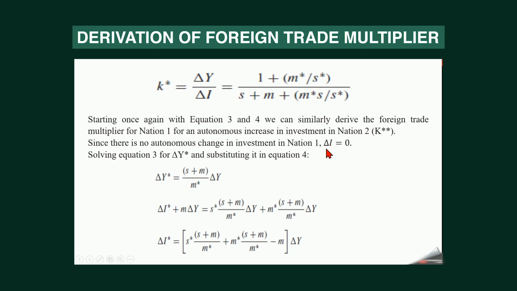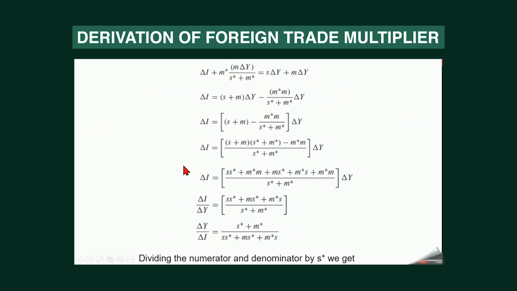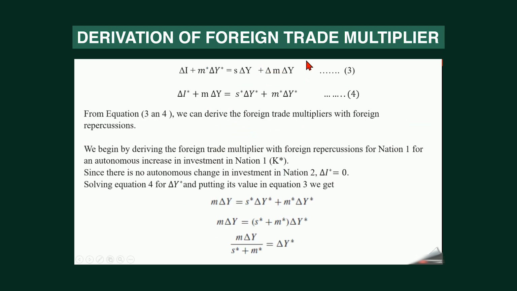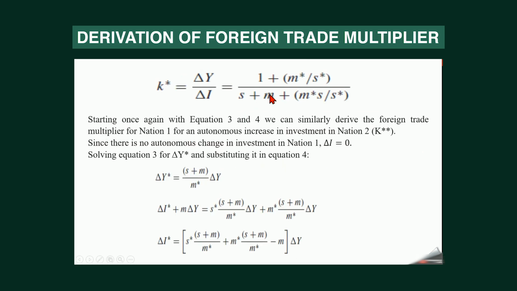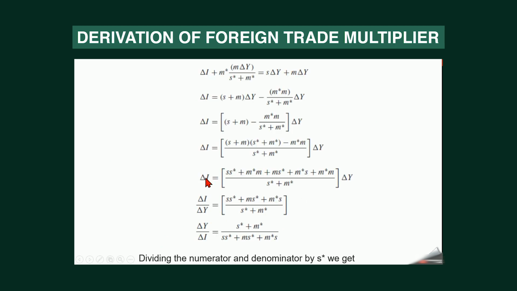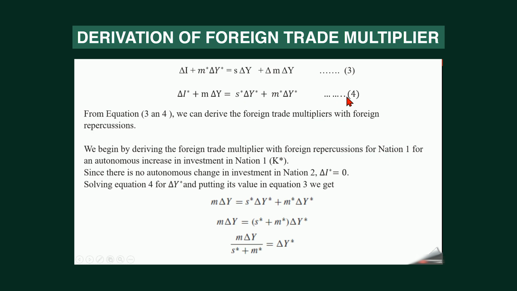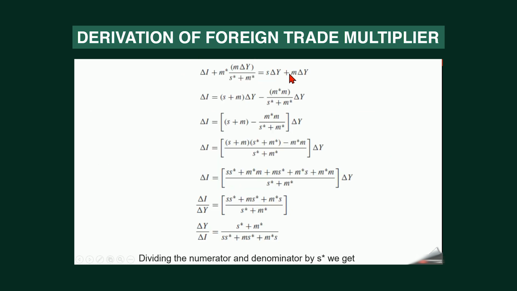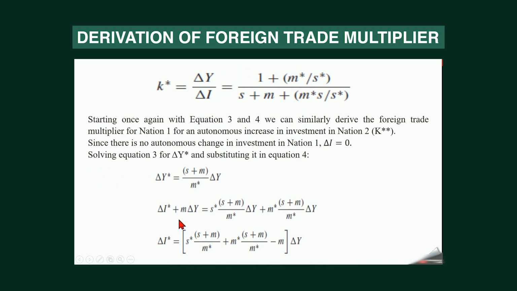Now again, we can do a similar process by solving equation 3 and putting the value into equation 4. And what we observe here is that delta y star will be s plus m by m star into delta y. And this has been put into equation 4. So I solve equation 3 to find the value of delta y star, and I put it into equation 4.